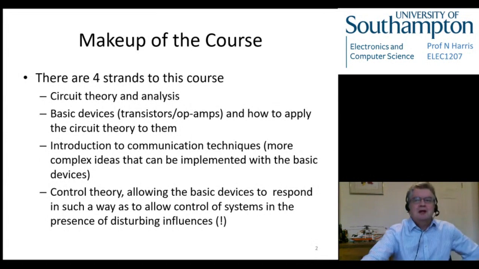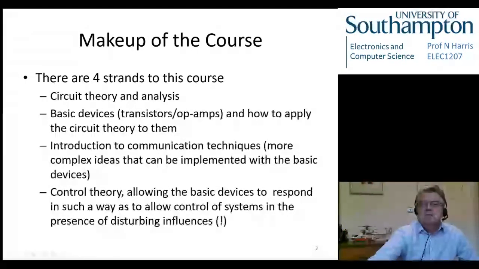There are four main strands to this course: circuit theory and analysis, and basic devices, which are transistors and op-amps mainly, and then how to apply the circuit theory that we've just learned in the preceding part, how we can apply that to start to make some circuits.